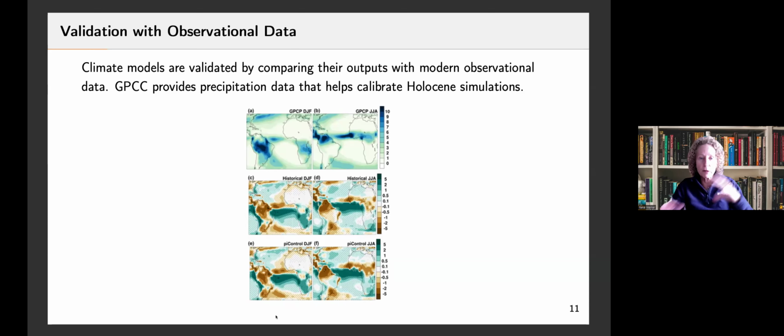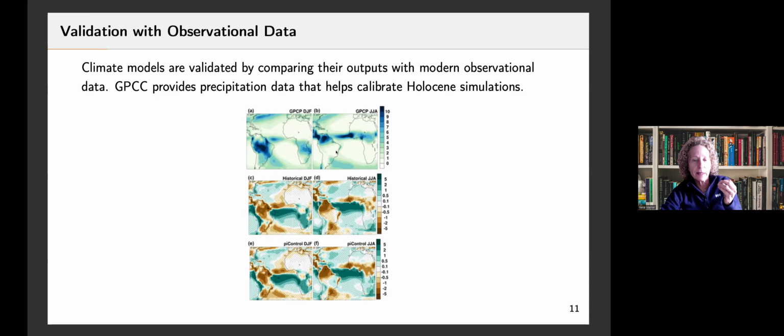And what we have here is GPCP, the Global Precipitation Climatology Project, and it's just a collection of observations of precipitation, and we can see how it behaves in winter and summer, showing what the precipitation looks like.